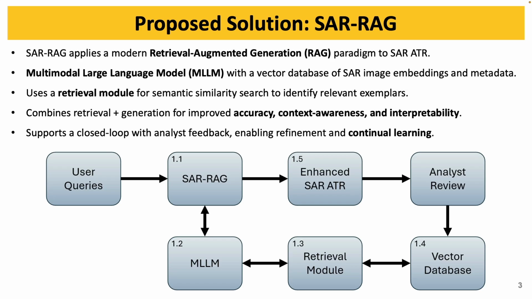So at a high level, this is some of the architecture that we're going to be discussing. As I mentioned, RAG, Retrieval-Augmented Generation. So we're going to retrieve context. We're going to augment our input to the multimodal large language model. And then we're going to allow it to generate an improved response with that additional context. So there's a retrieval module. We're going to be talking about that a little bit.